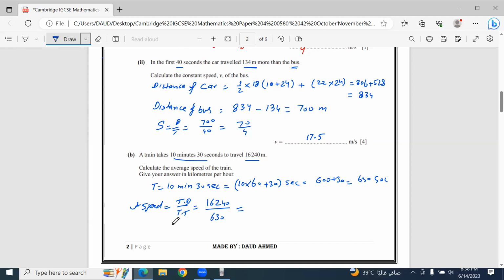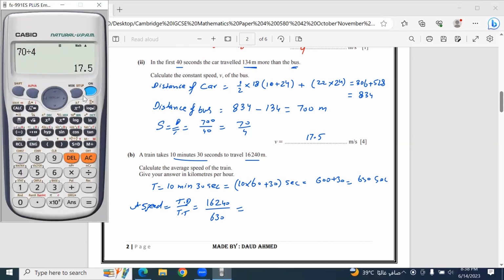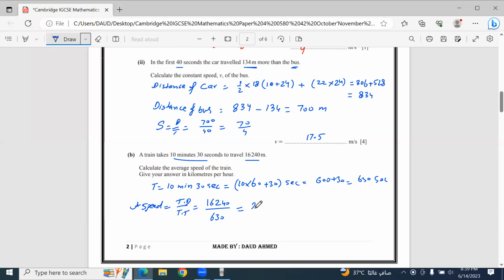If you check in the calculator, 16,240 divided by 630 gives me 25.8. You can say 25.8 for three significant figures, but it is in meters per second.